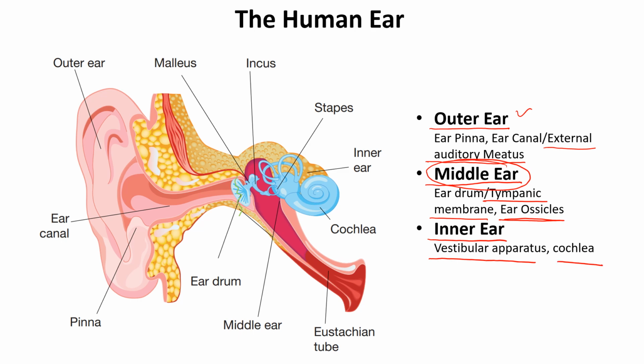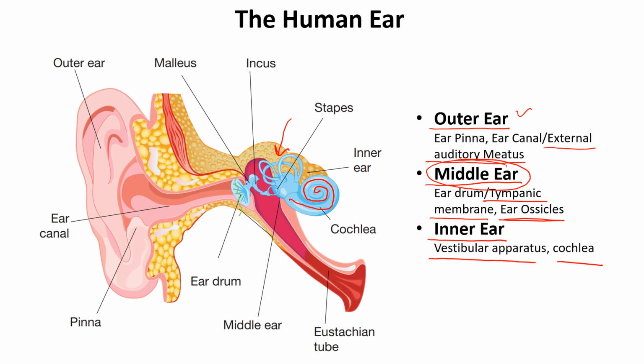These 3 canal-like structures that you see over here is the vestibular apparatus that is concerned with maintaining balance, and this snail-shaped structure over here that you see is called the cochlea, that is concerned with processing the sound waves and generating nerve impulses.